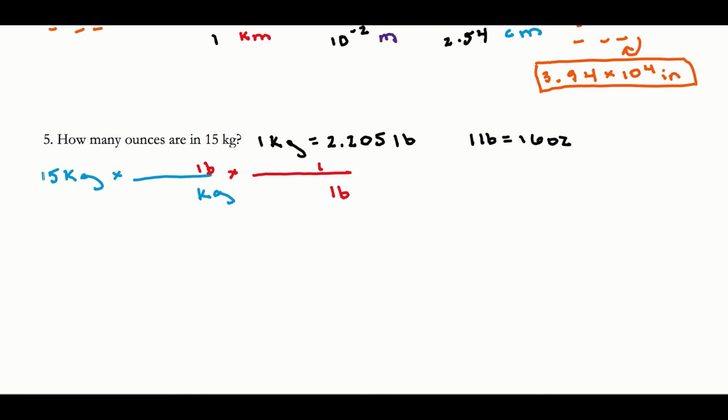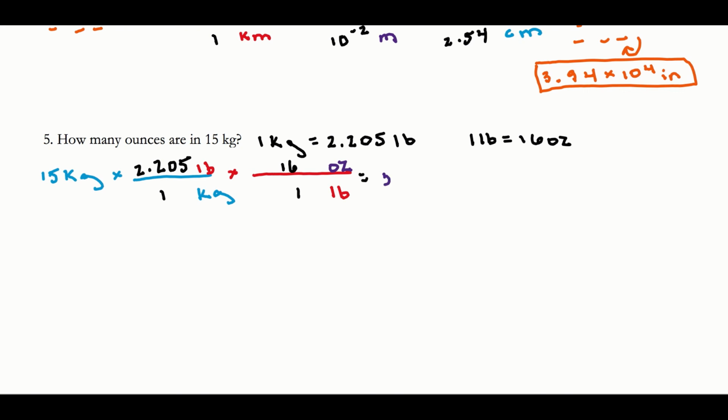So I'm going to put pounds on the bottom, and I'm going to put ounces up top. And I have all of these relationships now. So 1 kilogram is 2.205 pounds. 1 pound is 16 ounces. So when I do this, I'm going to take 15, I'm going to multiply by 2.205, and then I'm going to multiply by 16.